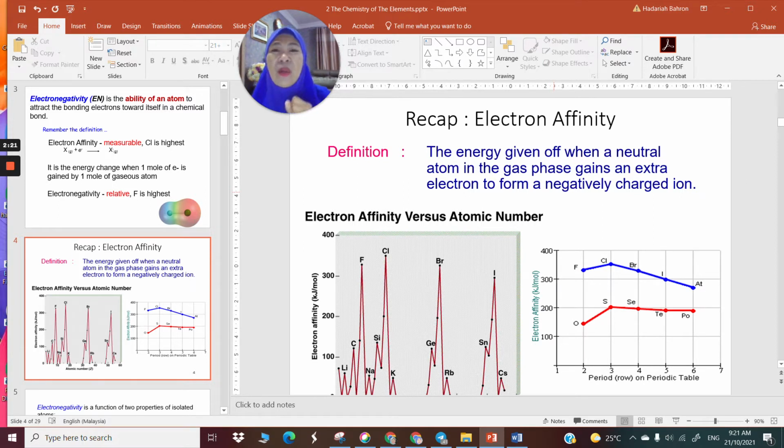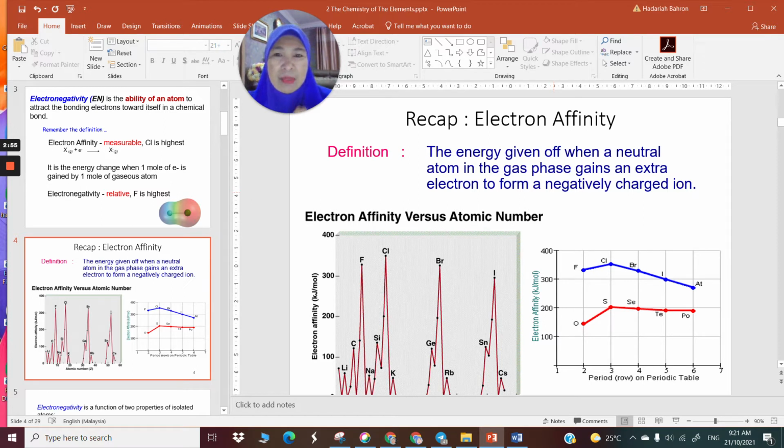So we're talking about an element by itself, not bonded to anything else, in the gas phase, obtaining an electron. So when an electron is obtained by an atom in the gas phase, the energy that is given off upon the arrival of that electron is the electron affinity.